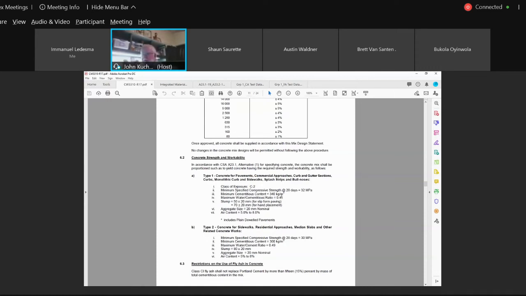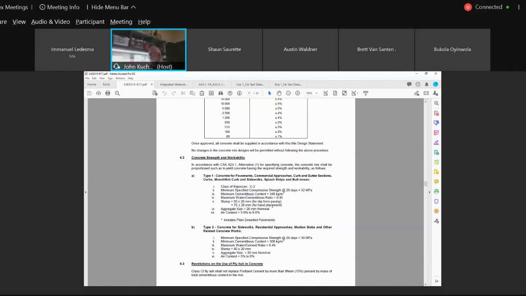It's a sign of measuring consistency. It does not tell you how much water is in the mix, because remember, slump can be affected by sand grading. So how do you know it's water? How do you know the driver stopped and added water? Okay? Our aggregates are 20 millimeter.